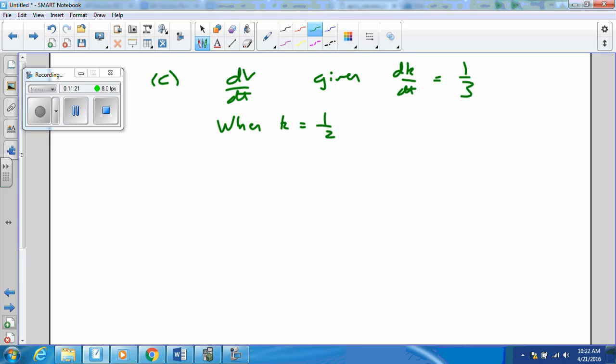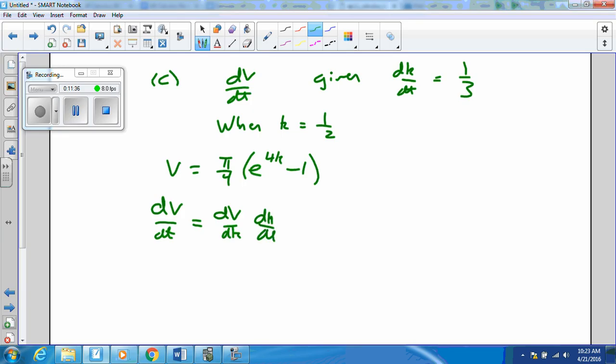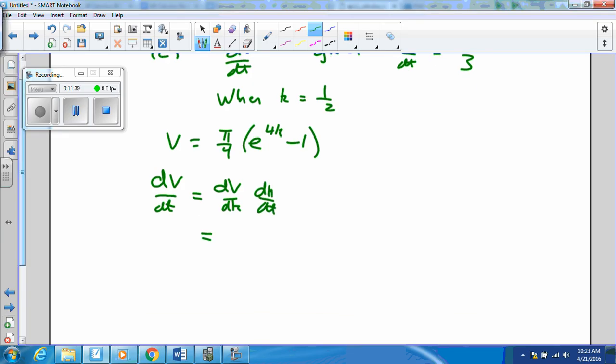Because I already have volume equals pi over 4 times e to the 4k minus 1, now I need to express dV/dt using the chain rule. So this is going to be my first thing, and then I have to actually compute these things. That's going to be pi over 4 times 4 e to the 4k times dk/dt, which is equal to 1/3.